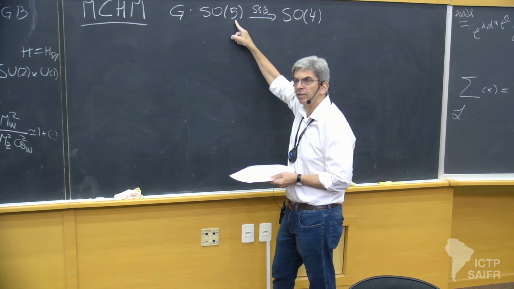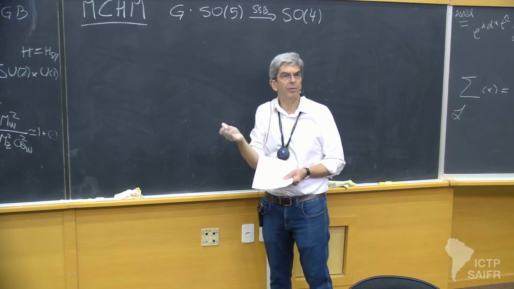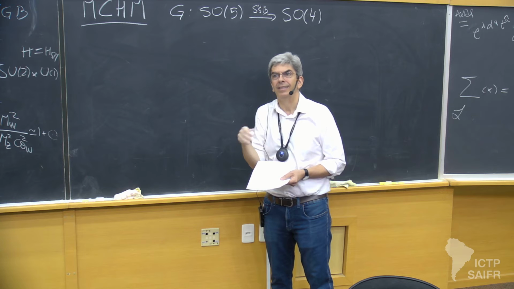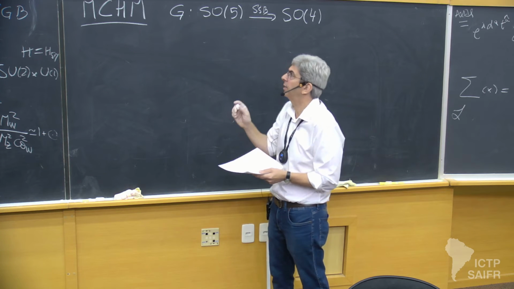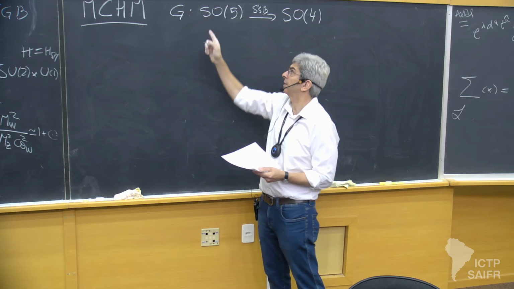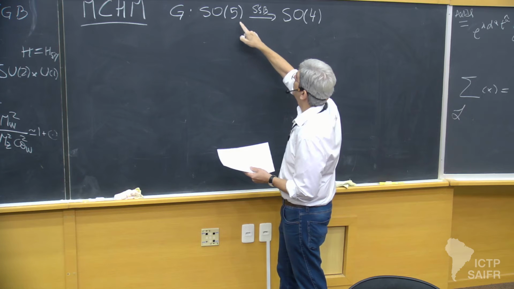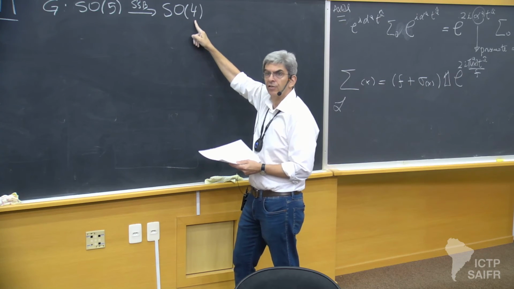How many generators here? 10, which is 5 times 4 divided by 2. This is the rotation group, so it's the number of angles in this 5-dimensional rotation group. It's the rotation group without the reflection. That's the S, right? So there are 10 generators here, and there are 6 generators here.